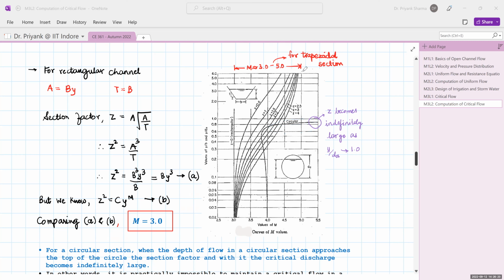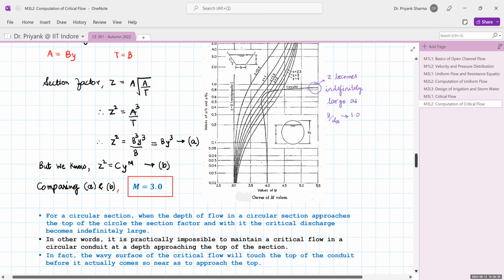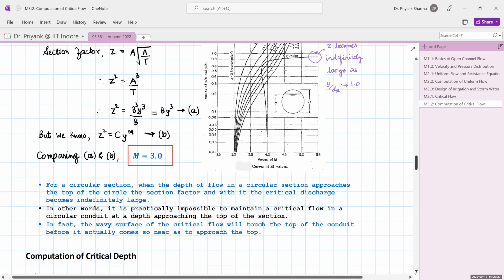When the depth of flow in a circular section approaches the top of the circle, the section factor, and along with it the critical discharge, would become indefinitely large, because Q by root g is equal to Z. So practically it will not be possible to maintain critical flow in a circular conduit when your depth of flow is very close to the top of the section.